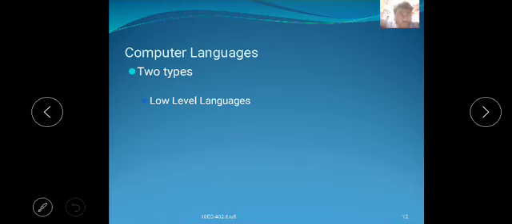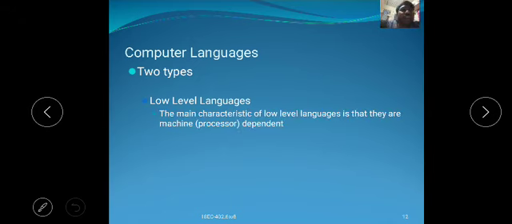There are two types of computer languages. First, the low level languages. The main characteristic of low level languages is that they are machine dependent.